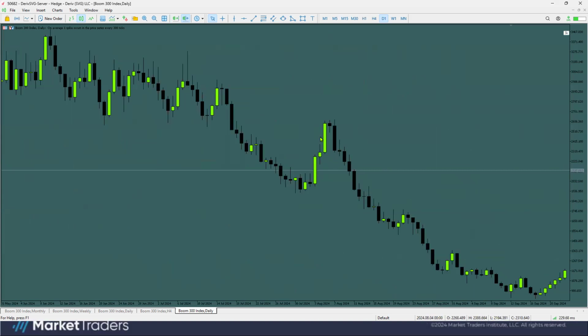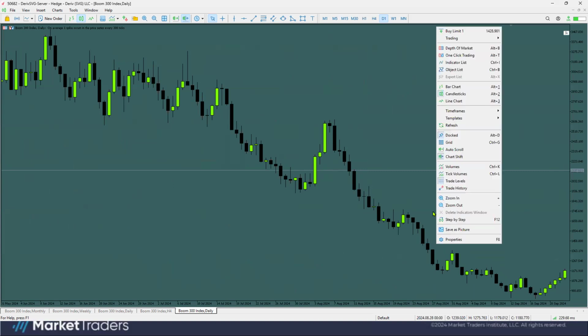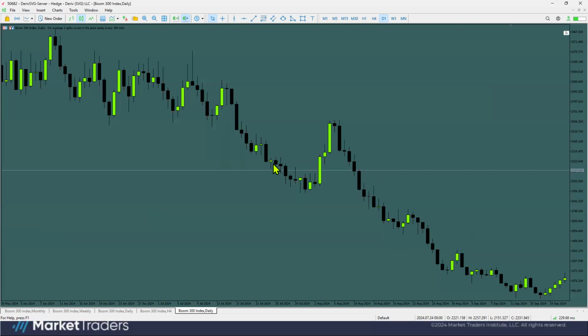And this one, bullish, indecision, bearish, evening star. So look at this place now. This is bullish, bearish, sell, right?